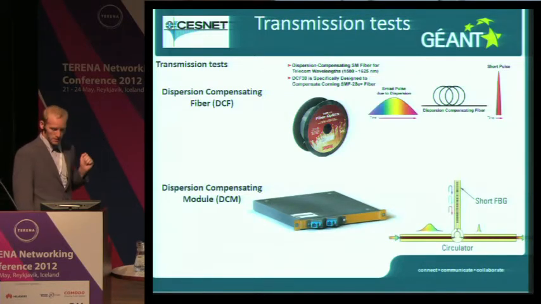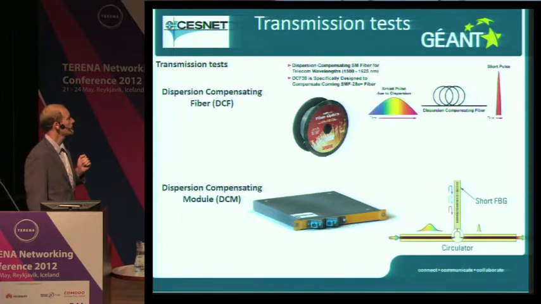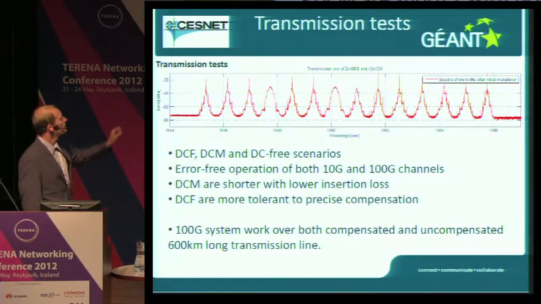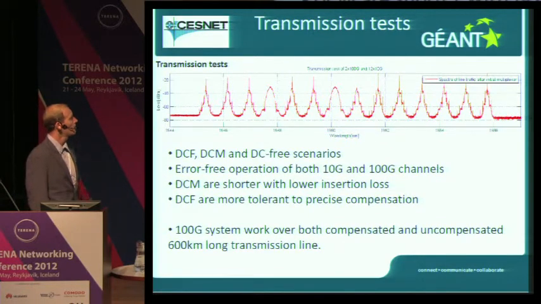So we tried 3 scenarios: one with DCF, one with DCM, and then without compensation. Here you can see optical spectra of that multiplex. You can see there are 12 10G lambdas, and then 2 differently shaped 100G signals that are dual polarization QPSK.